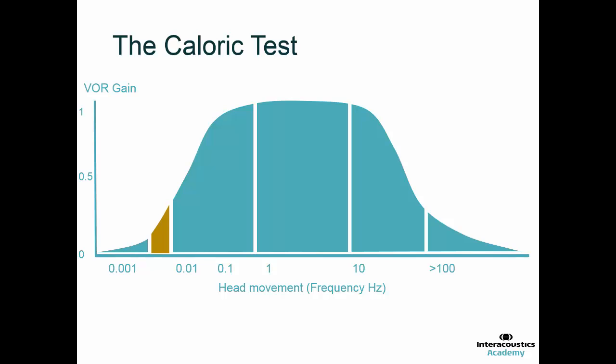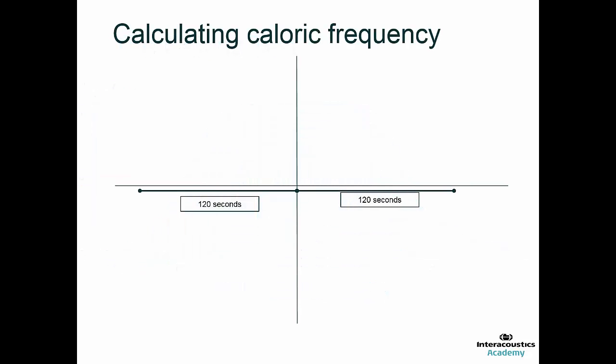A question that I often hear is how have we come to this number that the caloric test measures the system at 0.004 Hz? Well, if we consider a caloric test, we irrigate the ear, and then we look for a peak response, and then we let the ear cool down. And then we do the same on the other side. We irrigate the ear, we look for a peak response, and then we wait for it to cool down.